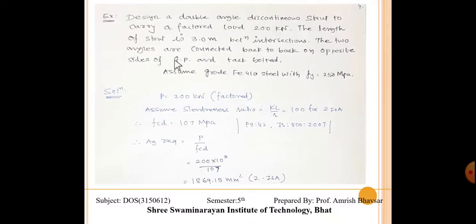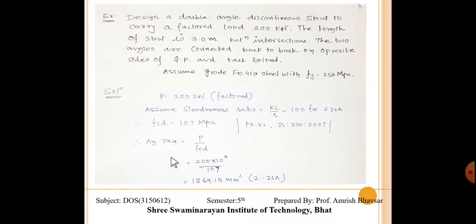The two angles are connected back to back on opposite sides of a gusset plate and tack bolted. Assume grade Fe415 and Fy250. So P is equal to 200 kilonewton and it is factored. We have to assume KL upon R as 100 for double angle. So FCD is equal to 107 megapascal from page number 42, as we know.